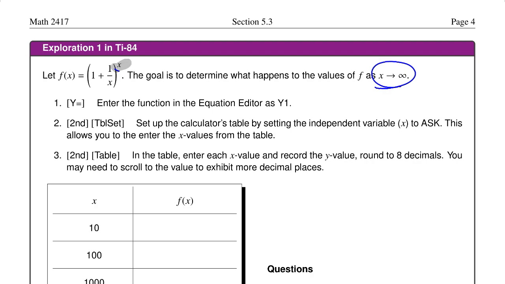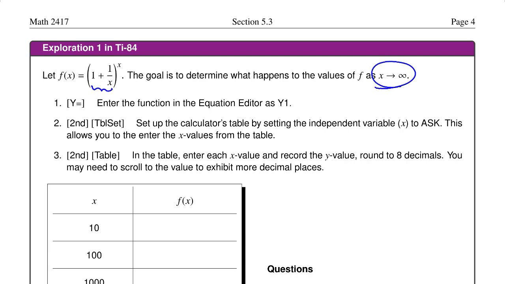we have this 1 over x on the inside that's being added to 1. So as x gets larger and larger and goes towards infinity, what happens to the value of 1 plus 1 over x?